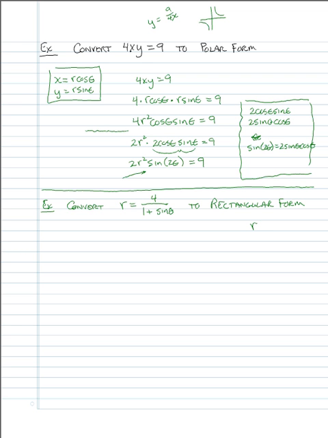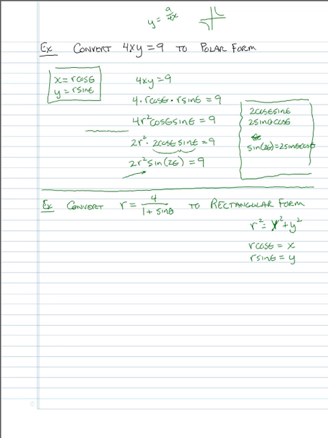And I suppose if we had an r squared, we can replace that with x squared plus y squared. So that's one thing we could do. If we could create situations where we had something like r times cosine theta, then we could replace that with an x. And if we could create situations where we had something like an r sine theta, then we could replace that with a y.